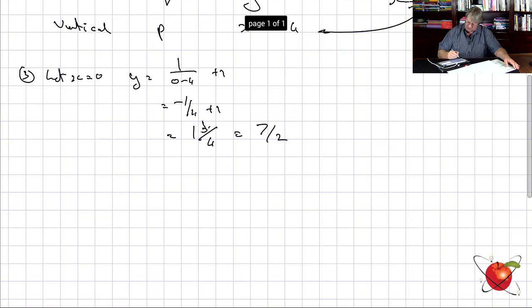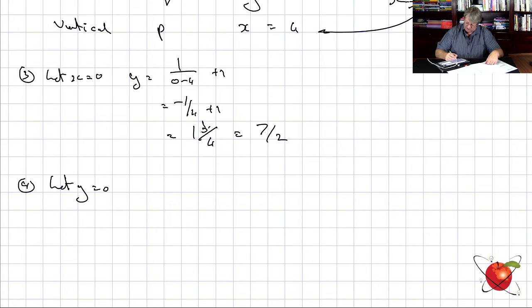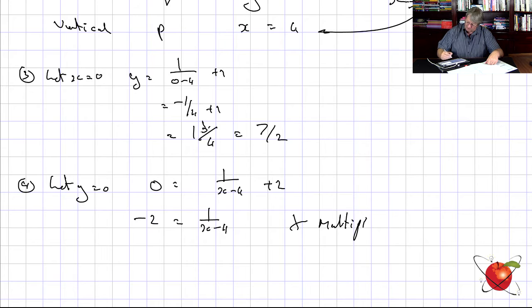All right. And what do we say next? We say let y equal 0. Write your steps down when you do it. Therefore, 0 is 1 over x minus 4 plus 2. What do we always do? The recipe, take the 2 over, is 1 over x minus 4, and cross multiply. And we get minus 2 times x minus 4 equals 1.